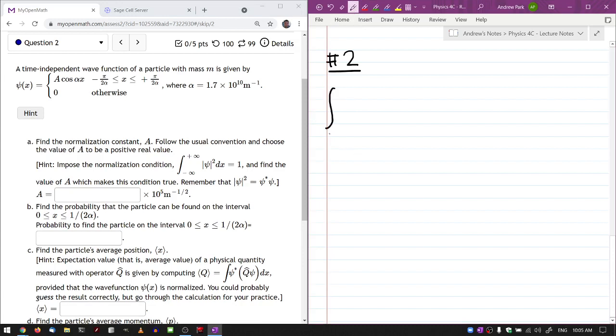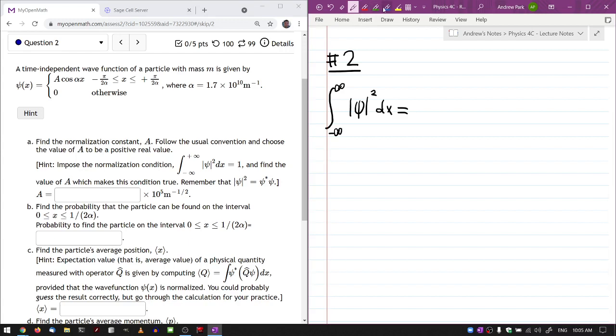So I'm setting up the normalization condition, integral of psi absolute value squared dx. Now, I note that the time independent wave function is entirely real. So I can simplify this quite a bit.